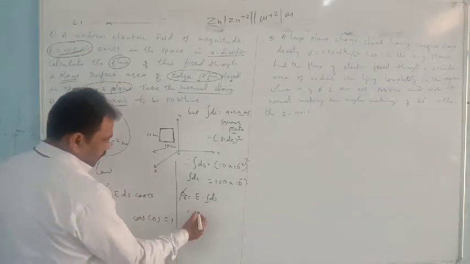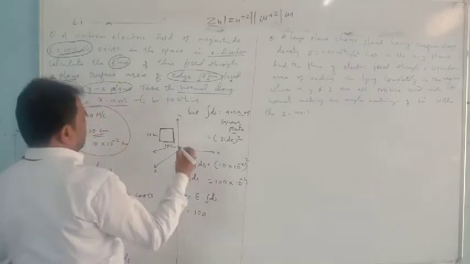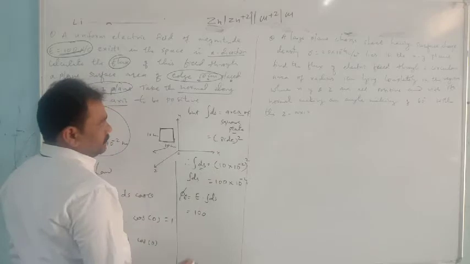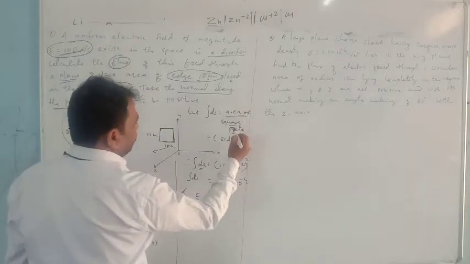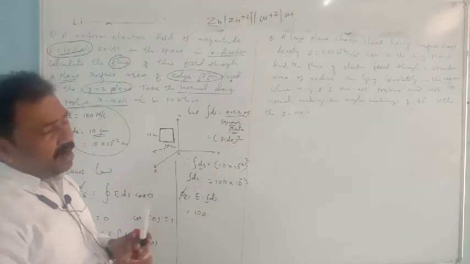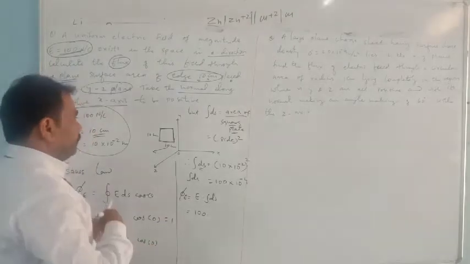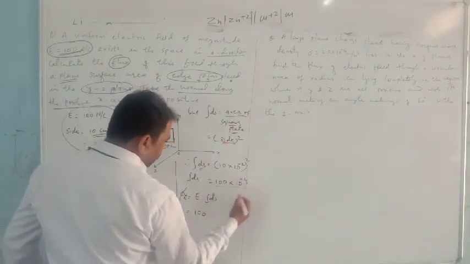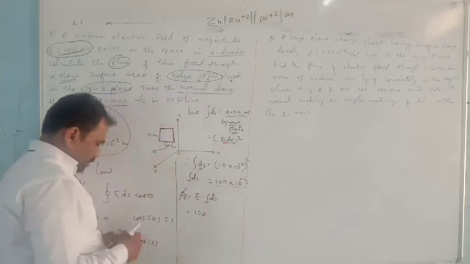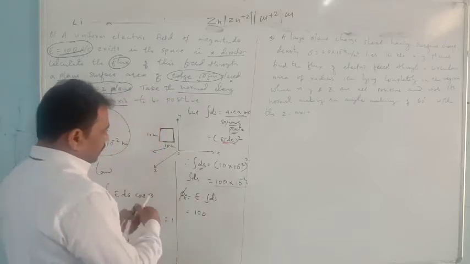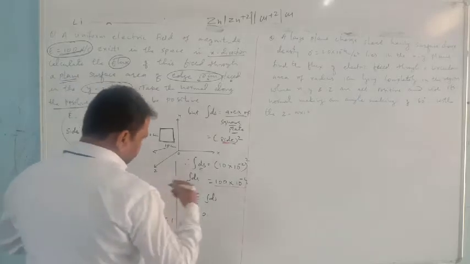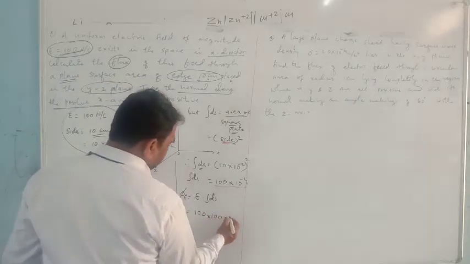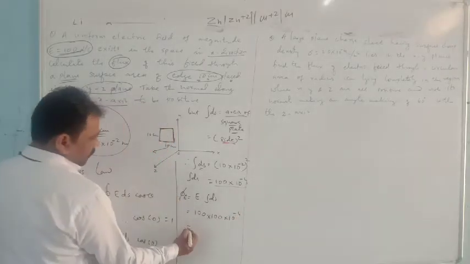So we write 100 into the integration of ds, which is the area of the square plate, side squared, that is 100 into 10 to the power minus 4.